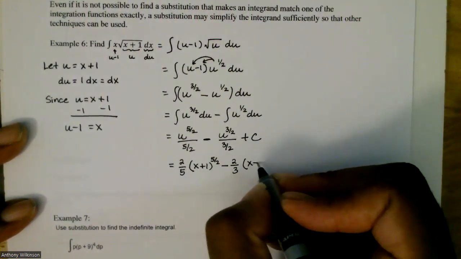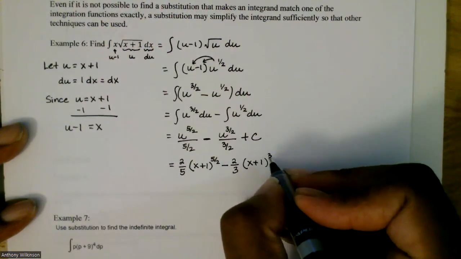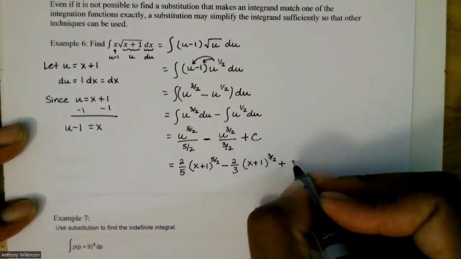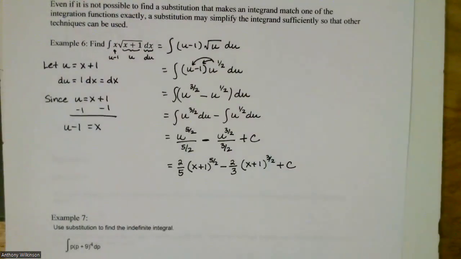Again, that's going to be replaced with x plus 1 raised to the 3/2, plus c. And I will go no further than this. So my final answer there would be 2/5 times x plus 1 to the 5/2 minus 2/3 times x plus 1 raised to the 3/2 plus c.